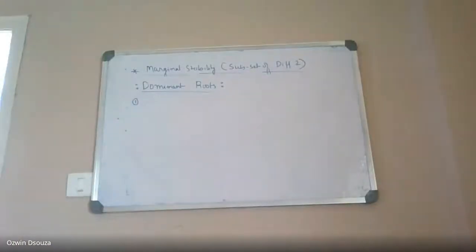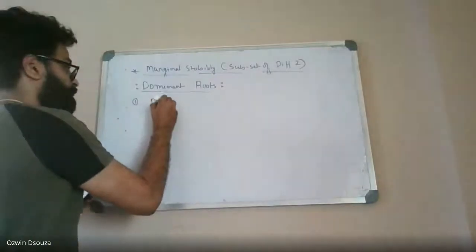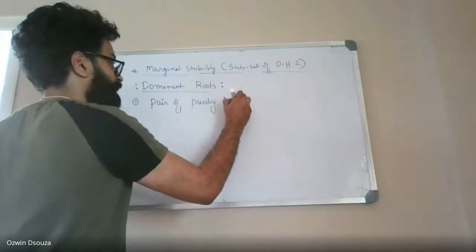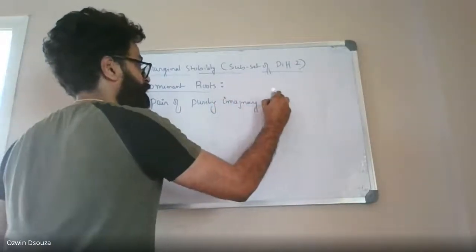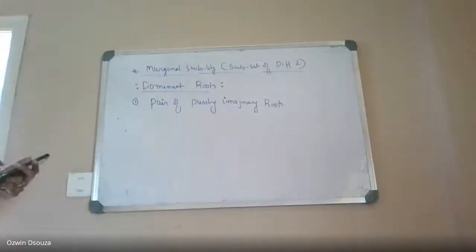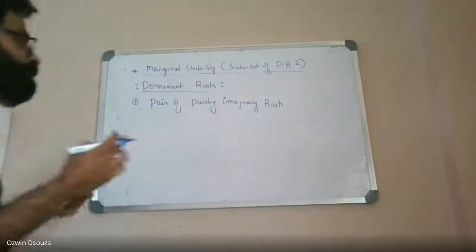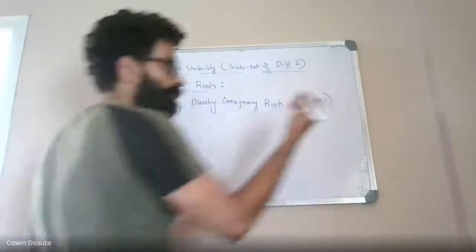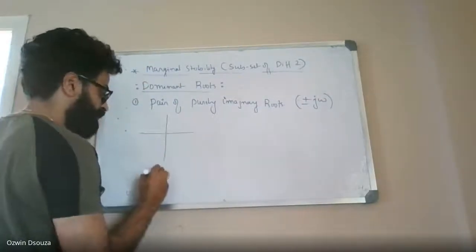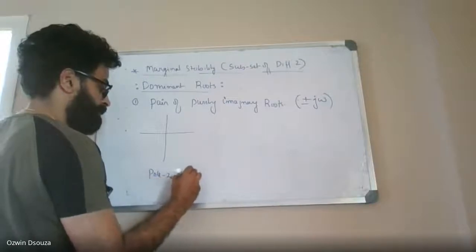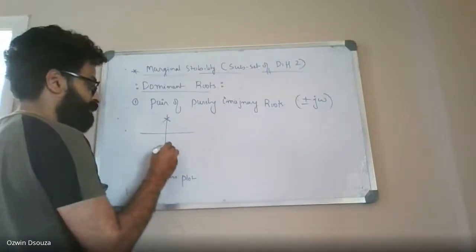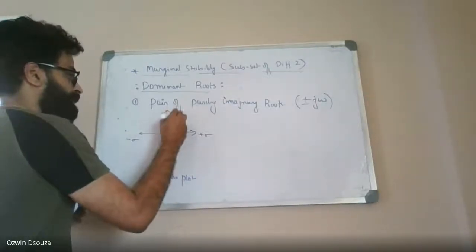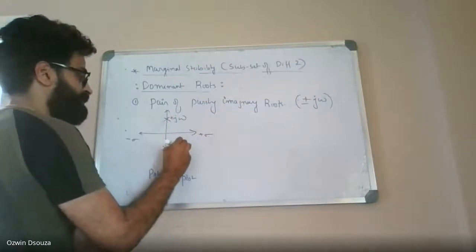The next possibility is a pair of purely imaginary roots, say plus or minus j omega. In the pole zero plot, one root is here and one root is here, plus j omega and minus j omega.